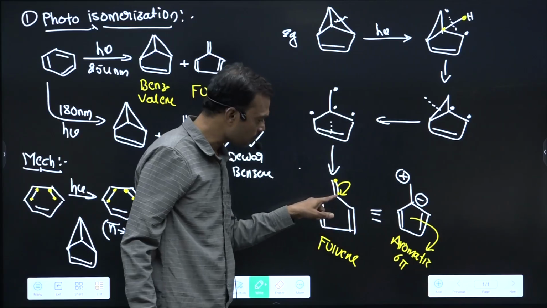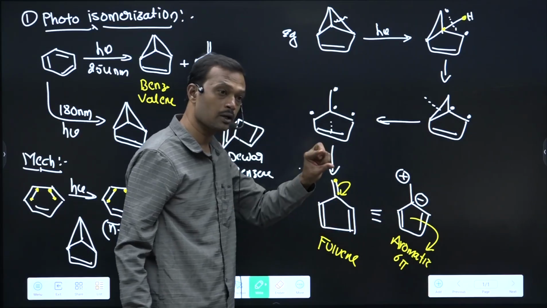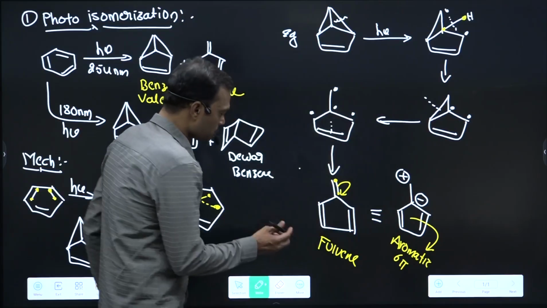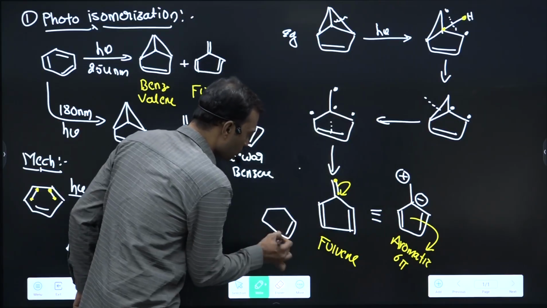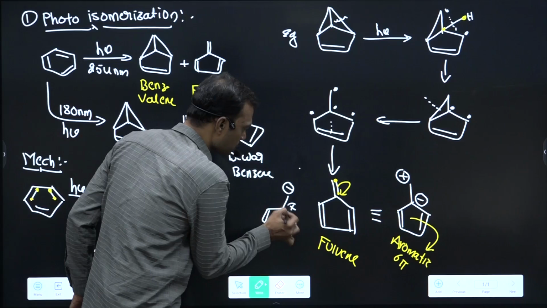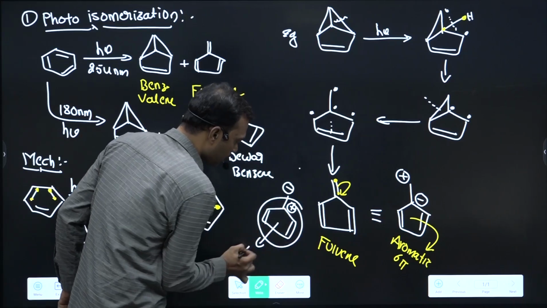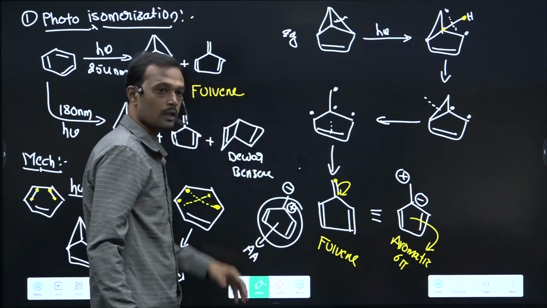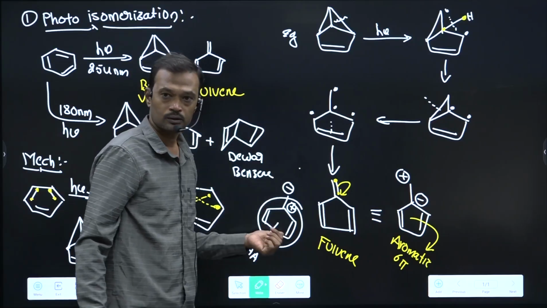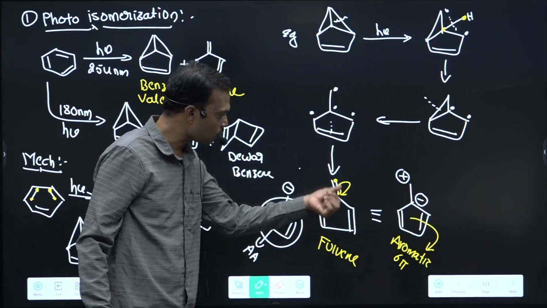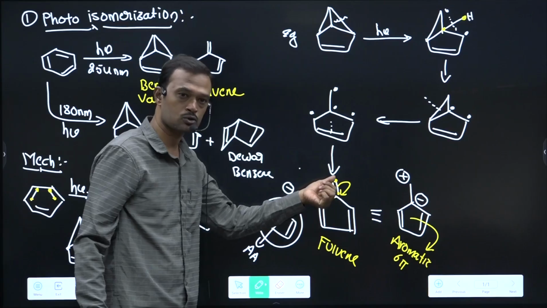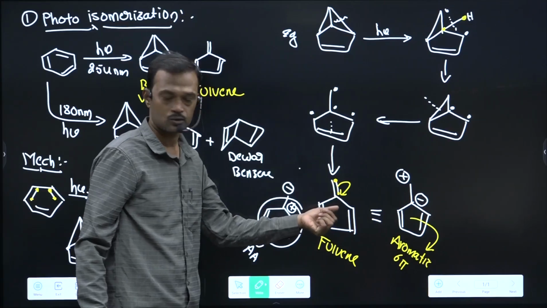They never migrate outside of the ring carbon. Suppose if electrons go outside, here negative and this positive, then the ring becomes anti-aromatic and unstable. So these pi electrons never go outside. Always the pi electron goes inside to the ring carbon. That's why you will get this structure.